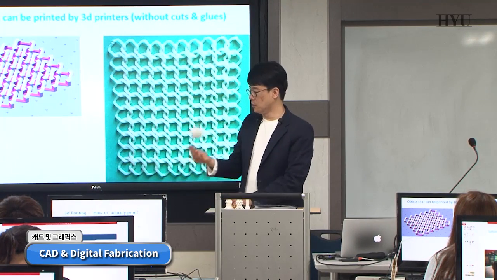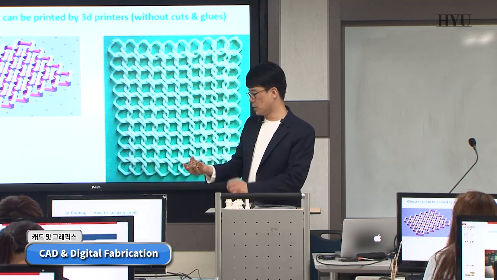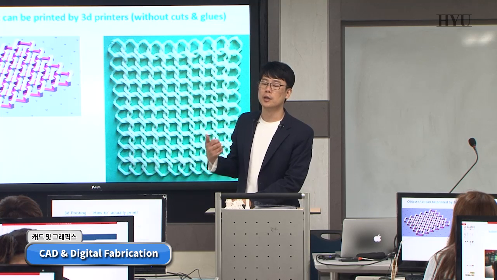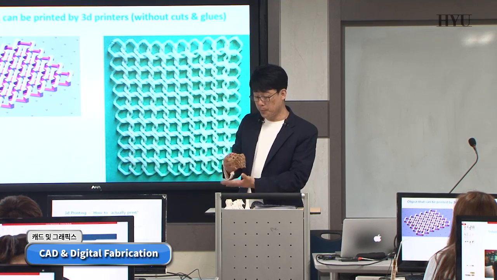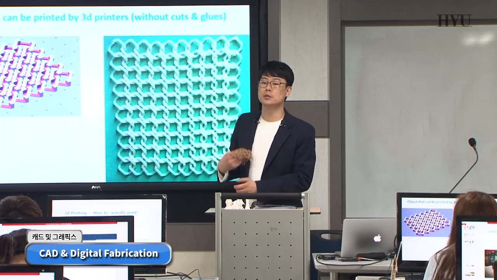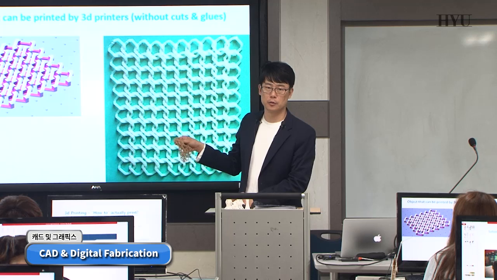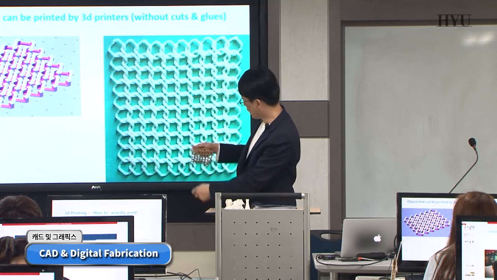So this one looks like just plastic, and this one looks like a wood structure because this is wood material, okay. Wood, precisely speaking, wood-looking filament, a wood-looking material for 3D printing. Anyway, take a look.